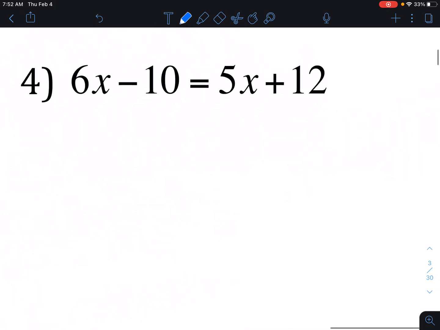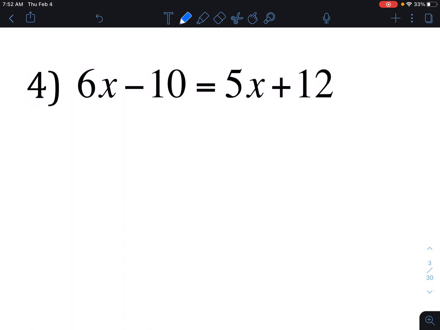And then number 4, we have a variables on both sides problem. Normally, remember your steps are always get rid of parentheses first, which we don't have here. Then after that, you would combine like terms, but we don't have any of that applying here. So we have variables on both sides. We're going to move to one side.